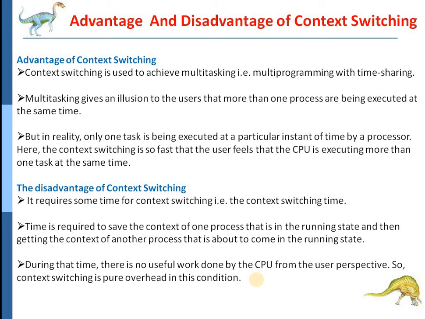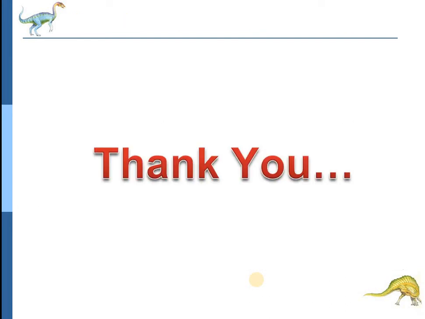So it is not necessary for the user to switch from one process to another. At the switching time, no useful work is done by the CPU from the user perspective, so context switching is pure overhead in this condition. It is all about the context switch. Thank you.